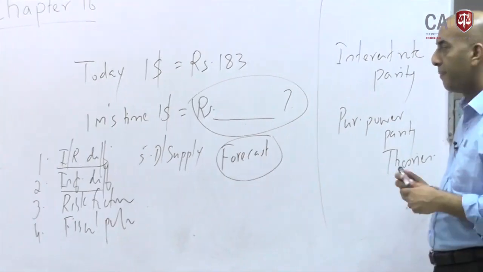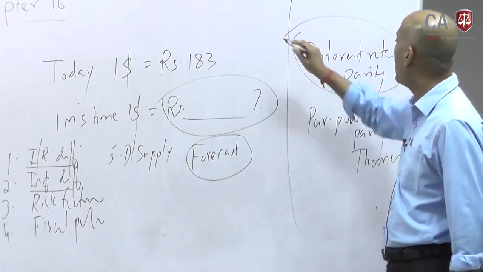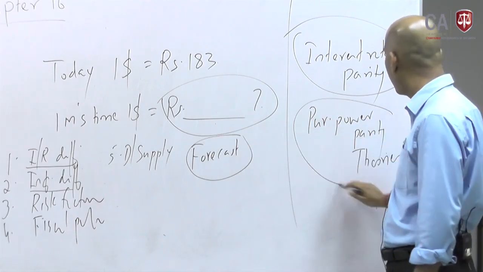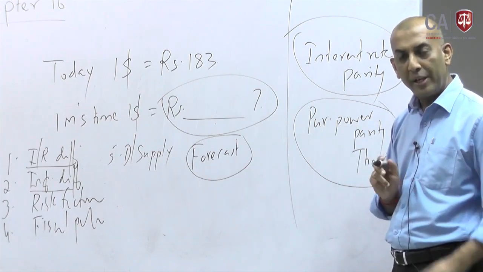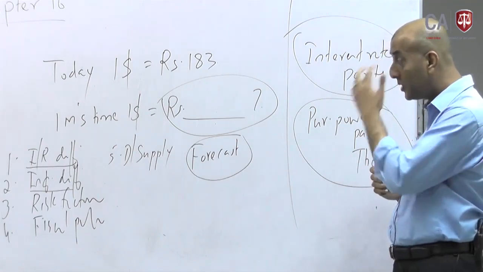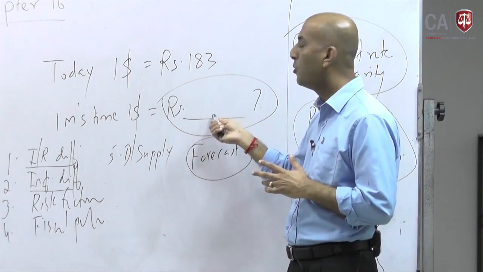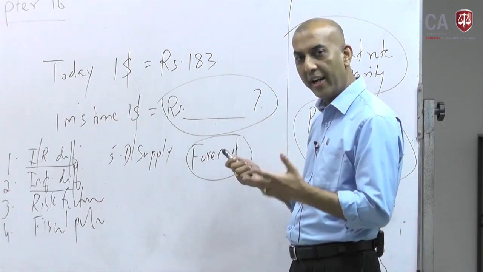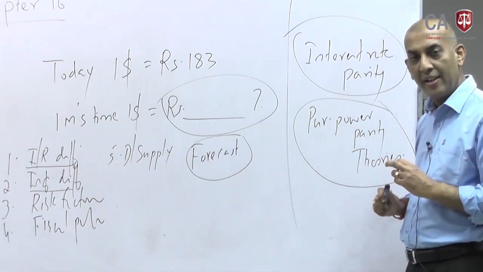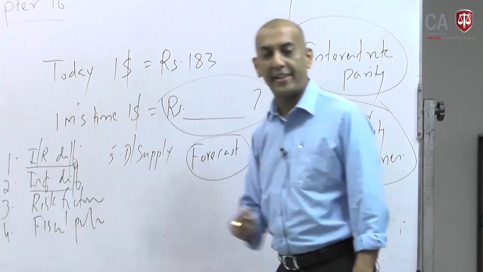These two theories, the interest rate difference is explained by interest rate parity theory. Inflation differences is discussed by purchasing power parity theory. So please note, these two theories are telling why your today exchange rate is different from tomorrow's exchange rate. So interest rate parity theory says it is because of the difference between interest rates of two countries.